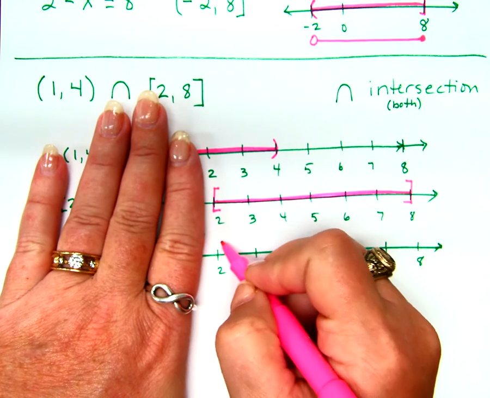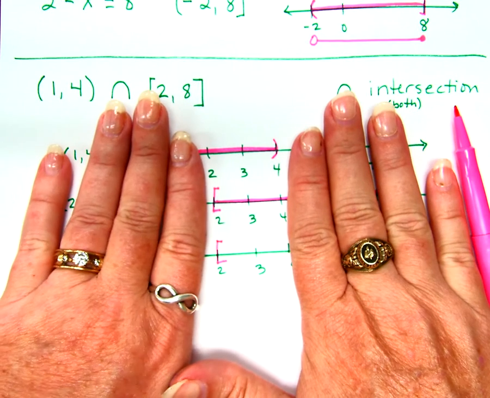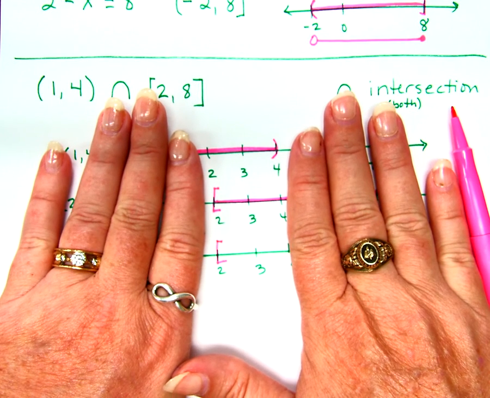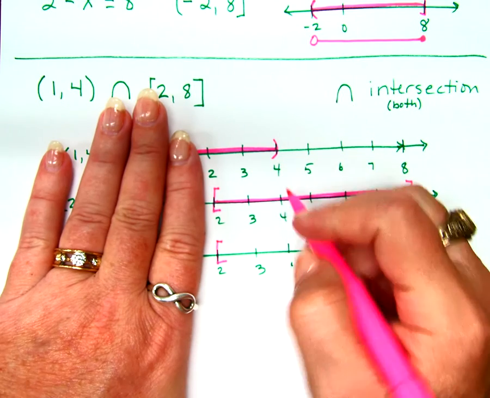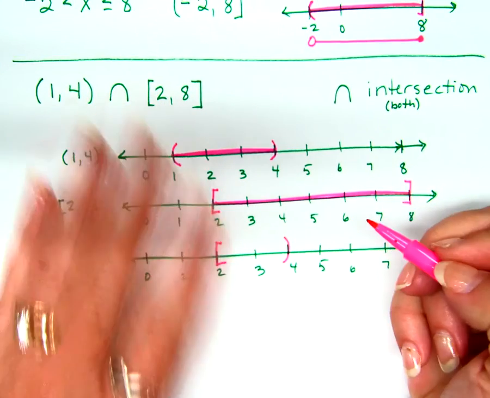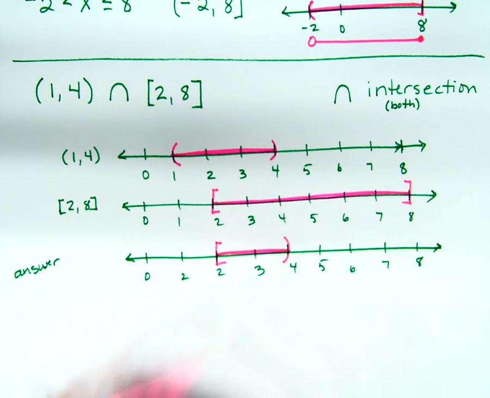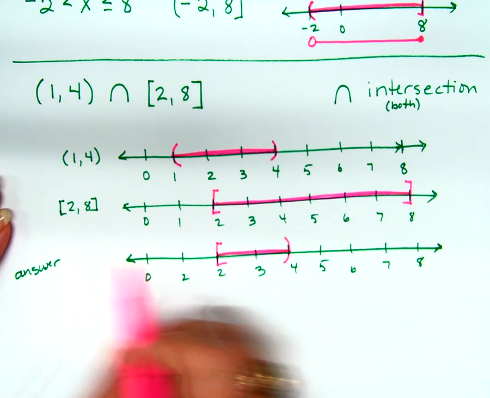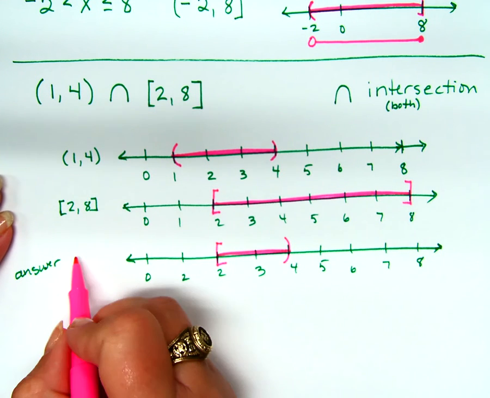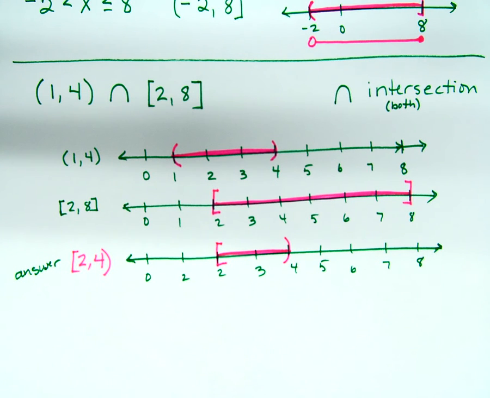Yes. So I got a bracket here. Is the 4 included on both number lines? Yes here, not here. So I cannot include it as part of my answer. That is the answer. Now, what does that look like in interval notation? Because we drew this already, it's pretty easy, right? From 2 to 4. Does that make sense?